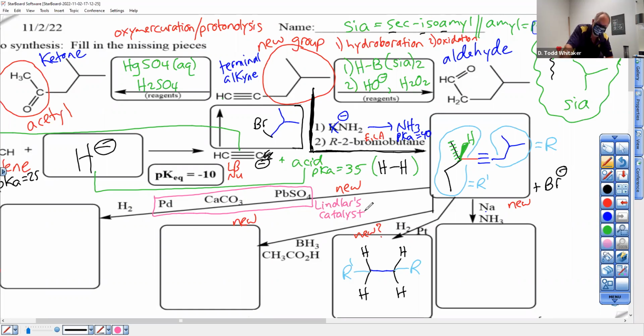With Lindlar's catalyst, the alkyne will react and make an alkene, and the reaction then stops. Because this piece, lead sulfate, makes the catalyst less active. It's like a volume knob, turning down the volume on the catalyst. All right? Attenuation, we call that. That's what lead sulfate does.